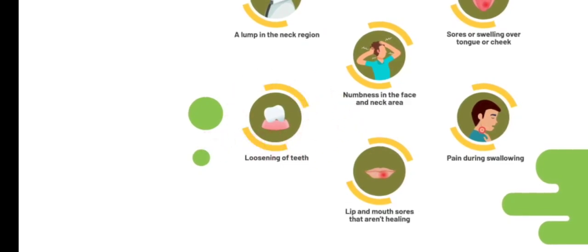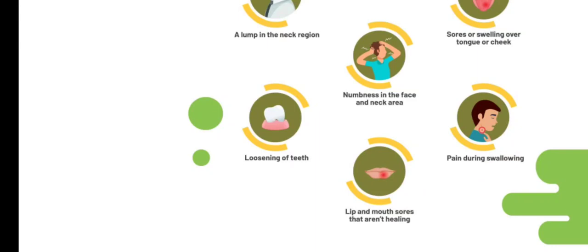We can say that when the health and hygiene of our mouth is not maintained, tooth decay takes place, and mouth ulcers are also going to develop. There is pain during swallowing, like if we are eating anything, we definitely swallow it, and during that we feel pain.